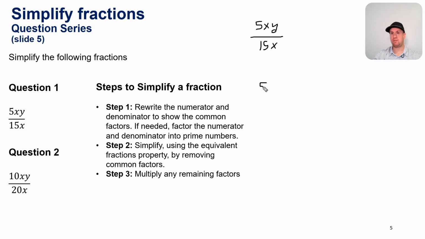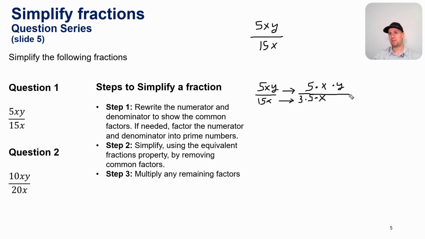So 5xy, we're actually going to keep that exactly the same, but I'll show this out as its own individual factors. So 5 times x times y. And 15 then can be written as 3 times 5 times x.